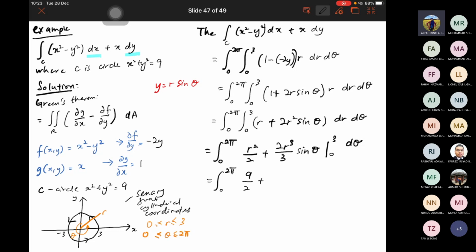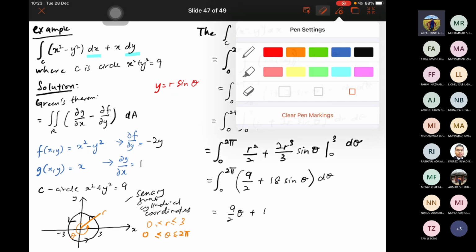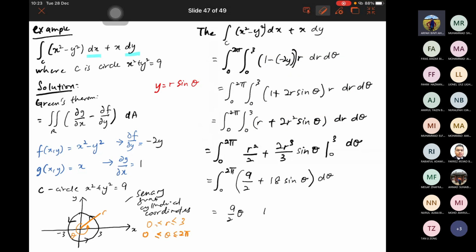Okay. Tambah 18 sin theta, d theta. So, dapat 9 per 2 theta tambah 18 minus. It will become minus. Integrate sin minus cos. Minus 18 cos theta 0, 2 pi.